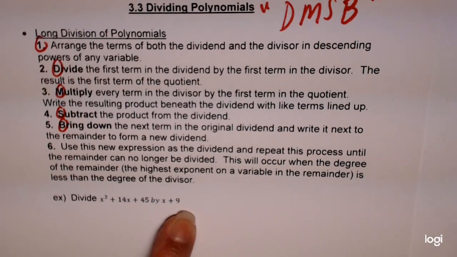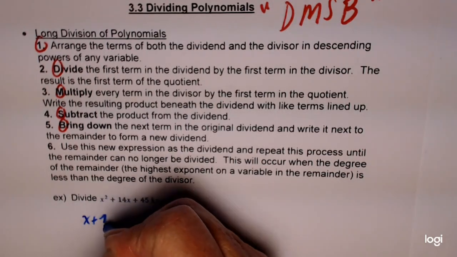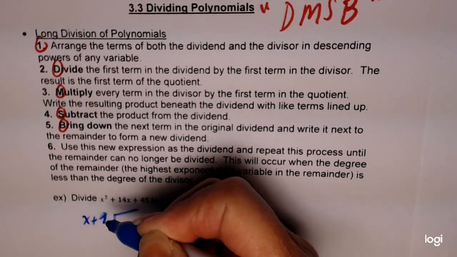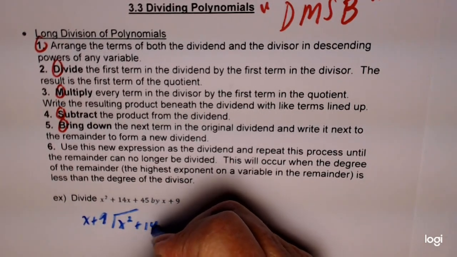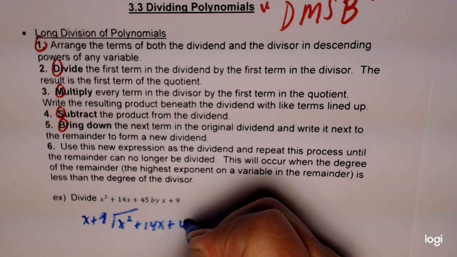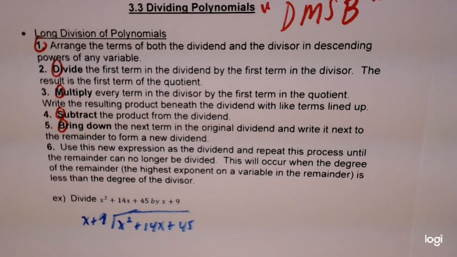We have x plus 9, x squared plus 14x plus 45. So there is our division problem set up.